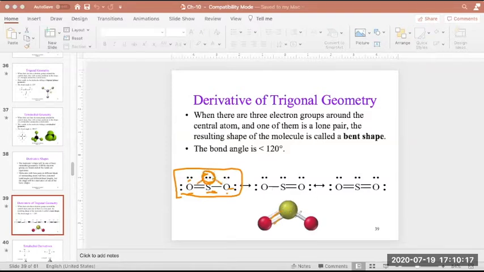You will see over here, this is your sulfur, this is your oxygen, right? So the structure will be bent. It's not linear. So I might give you in the quiz what's the structure of the SO2 molecule. You have to pick a bent shape, not the linear one.